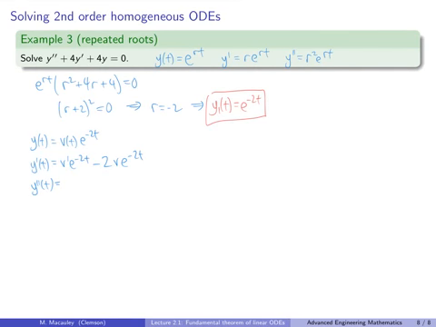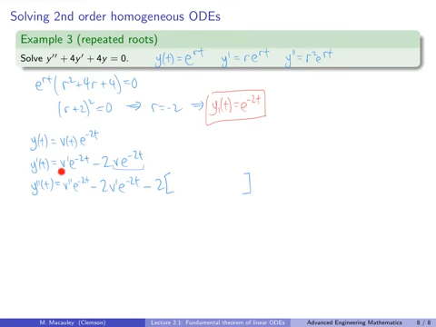So the product rule on the first term is v double prime e to the minus 2t, minus 2 v prime e to the minus 2t. And then the second one, it's minus 2 times, put some brackets here. This bracket is the derivative of this guy, v e to the minus 2t. Well, that's what this is up here. That's y. So all we need is the derivative of y, which is y prime.